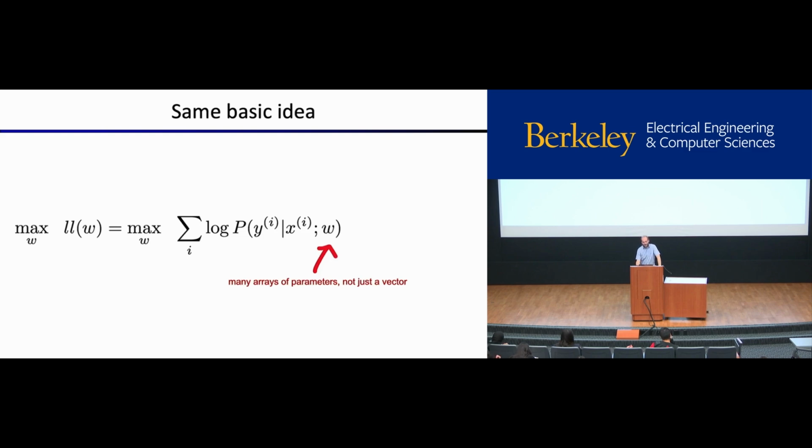As I just said, in this equation it's convenient to think of w as a single very long vector, but this is really many arrays of parameters, which you can reshape into a long vector if you want to think about it like that. Or not. You could just think of it as a set of arrays. And so the dependence of P on W is much more elaborate in this neural network case than it was in logistic regression, but it's still the same basic form.